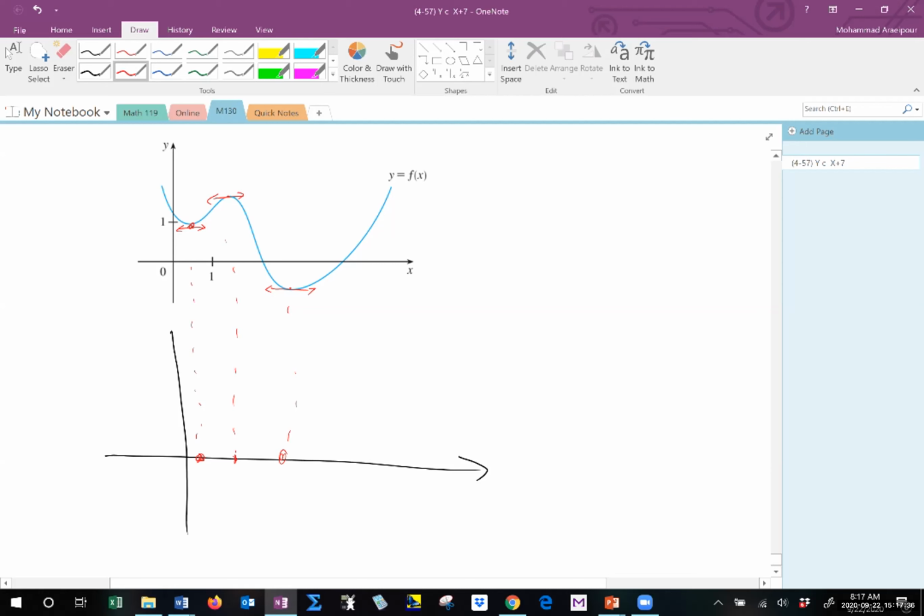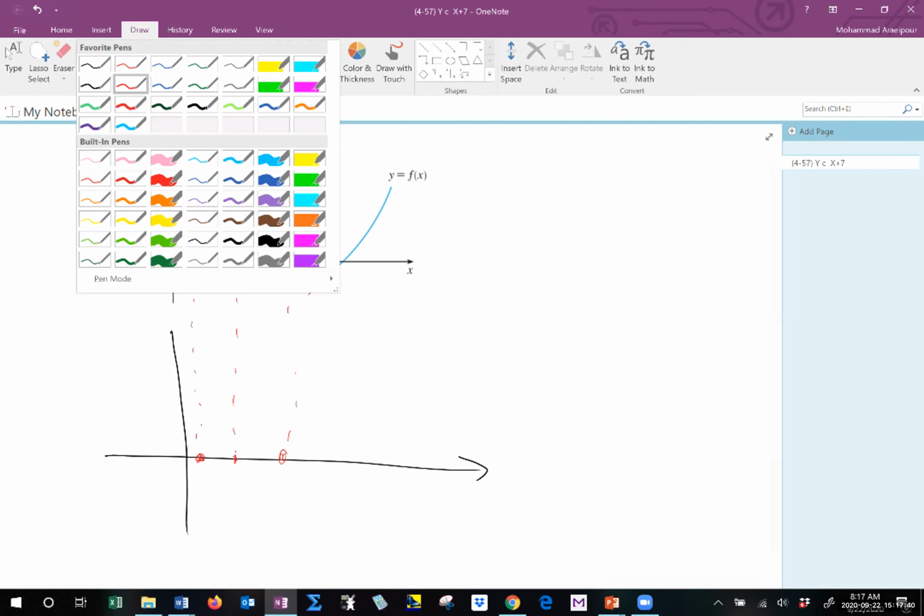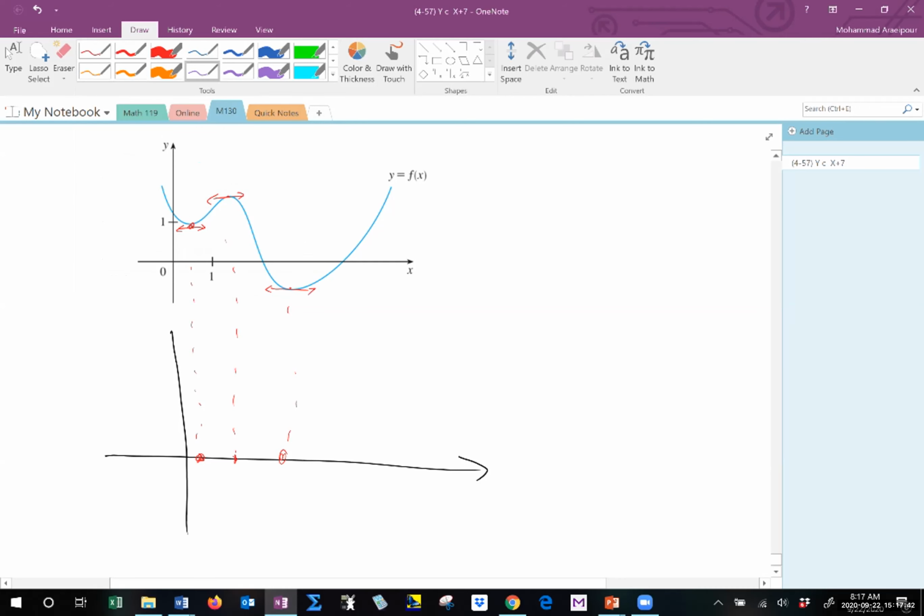Okay. Now, let's go with this portion of the graph. This portion of the graph is decreasing. Okay, as you can see, f prime is negative, and therefore that means this is, remember, y equals f prime of x. This is the graph, okay? So it's below the x-axis. Now, something like that.